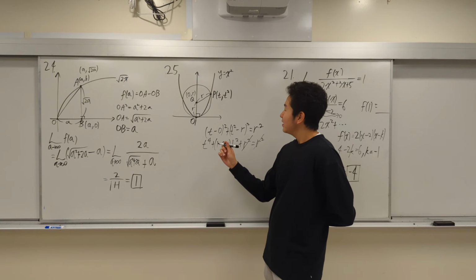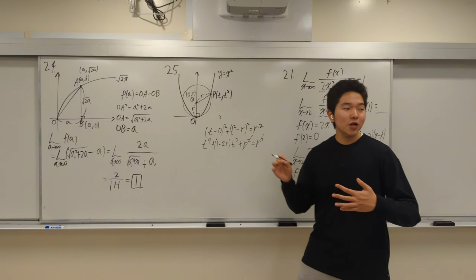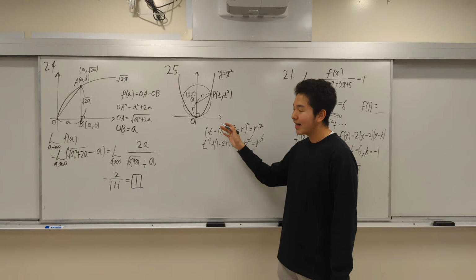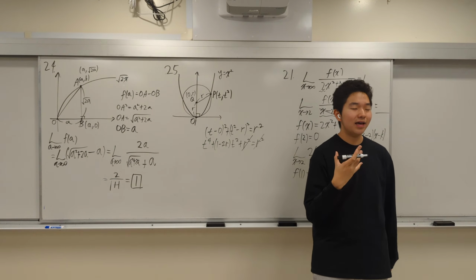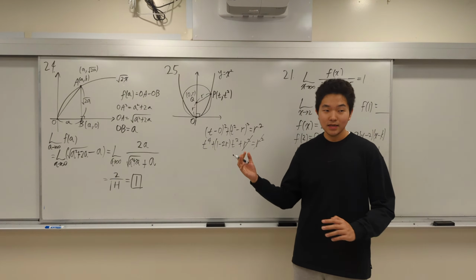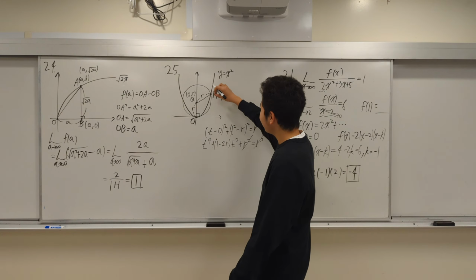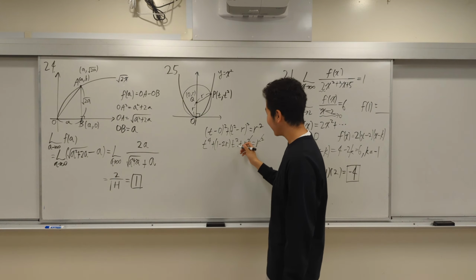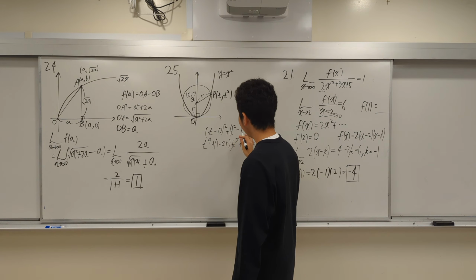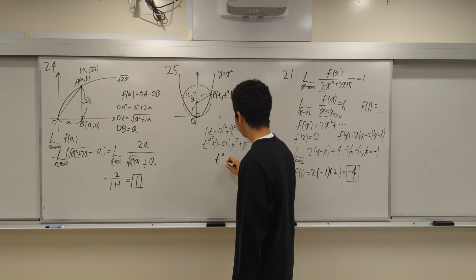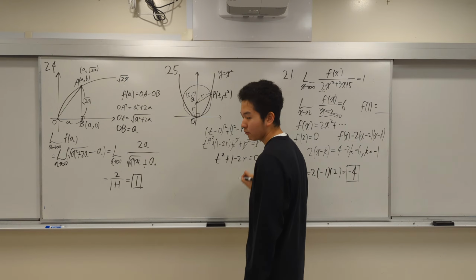And since we know that t is not actually going to be 0, whenever we divide or cross out stuff, we have to make sure that whatever we're crossing out is not equal to 0. Otherwise, we might miss something. But we know that P is approaching 0, but it's never going to actually equal 0. So we can factor the t squared out. What we have is t squared plus 1 minus 2r equals 0.